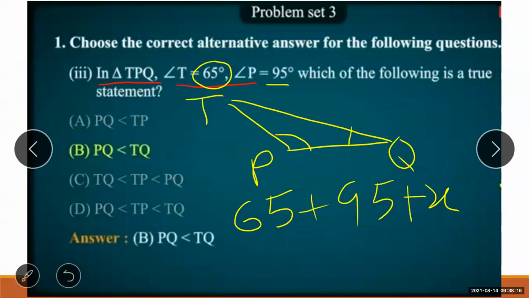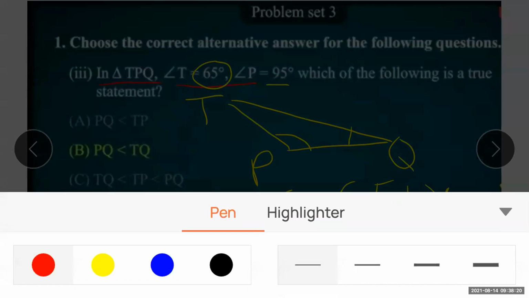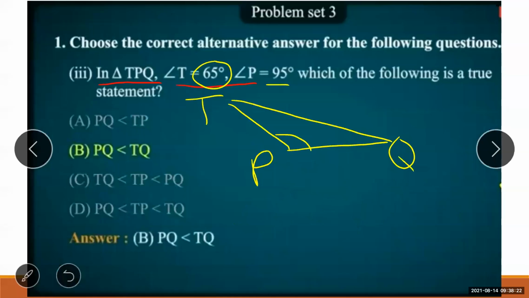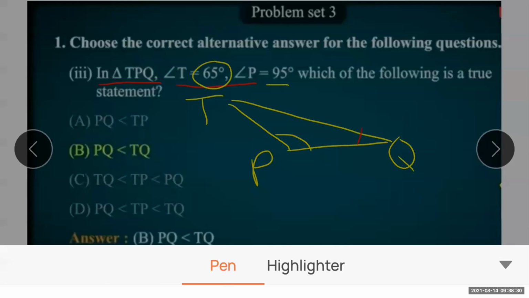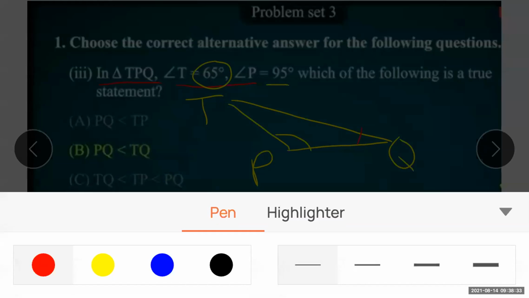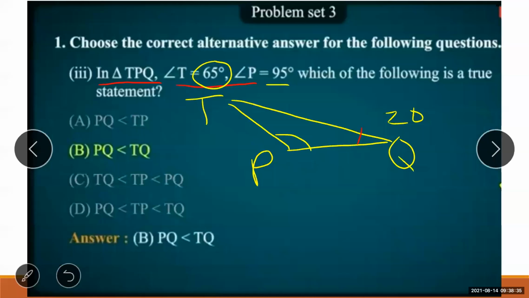Okay, now let's see. The value for angle Q is 20 degrees. Now let's write as per the values which one is greater and which one is smaller.